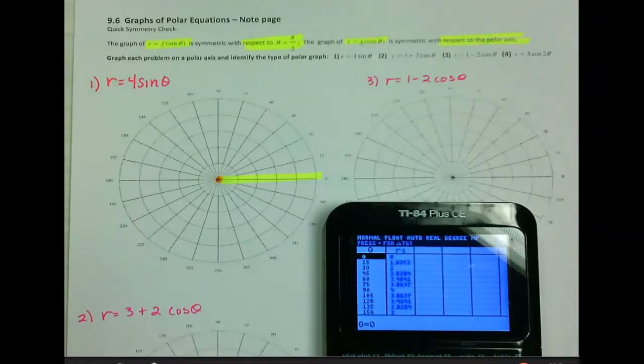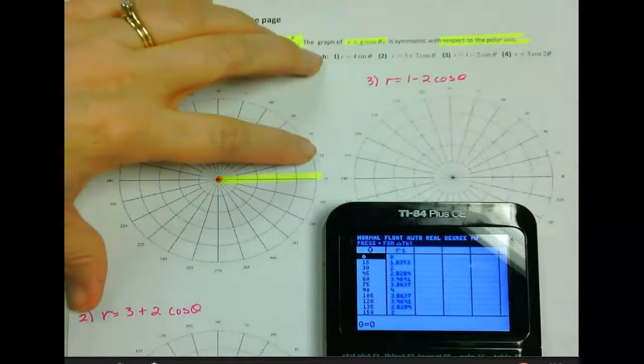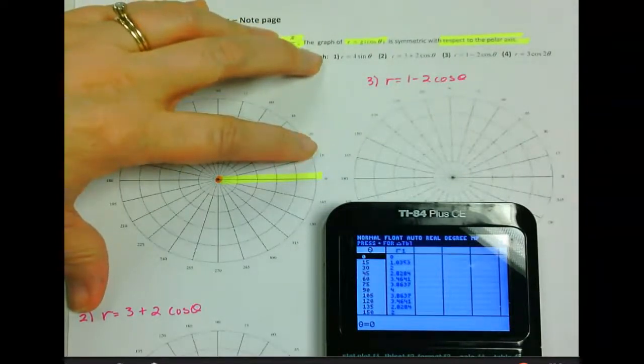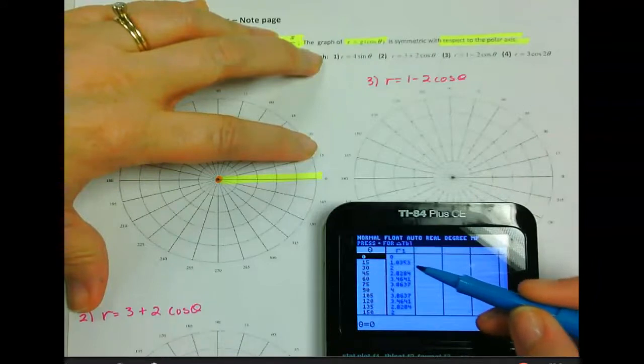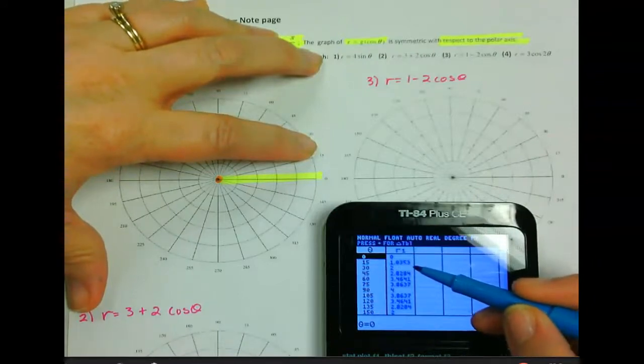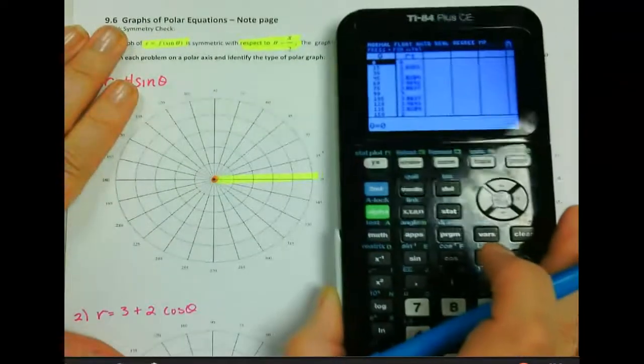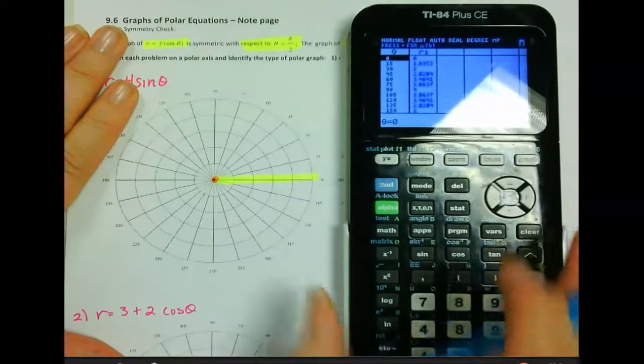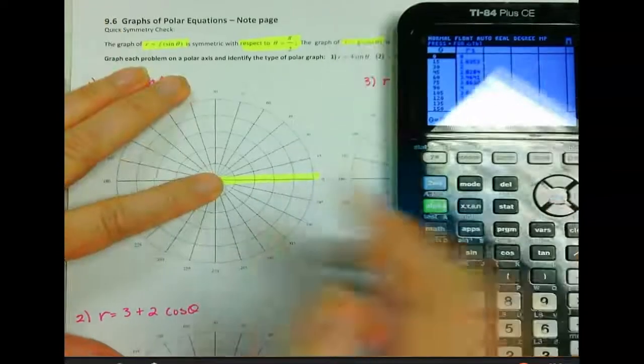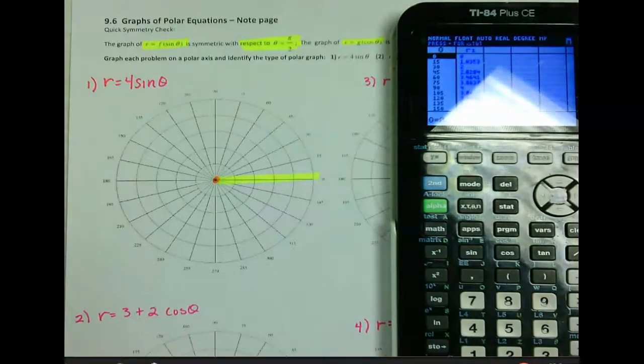All right, so I am going to go to my table, and at 15 degrees, that's the next line here on my graph. So I'm going to go and use the tenths place here. So on this 15 degrees, I'm going to go to 1.0, and that just came out of my table. And so at 15, I'm going to go 1 unit down on my graph.